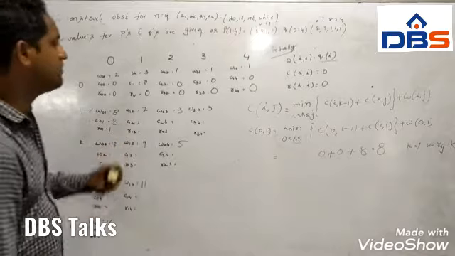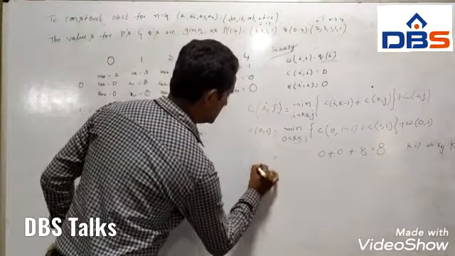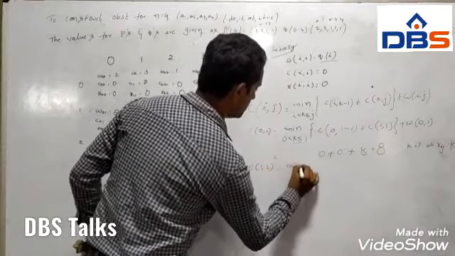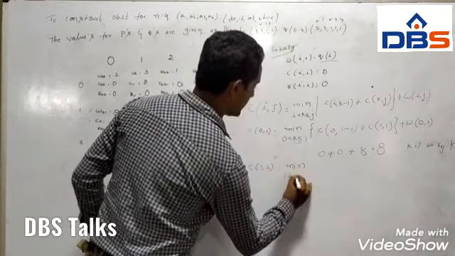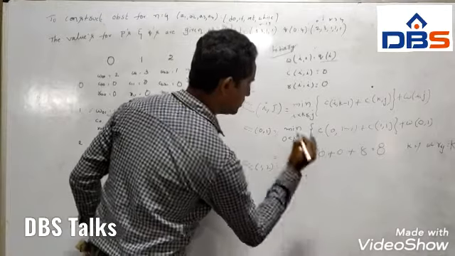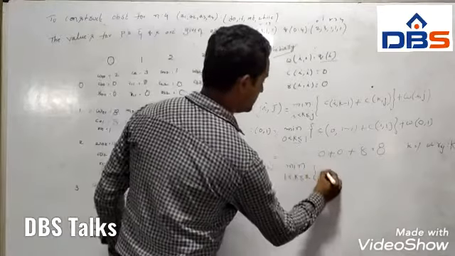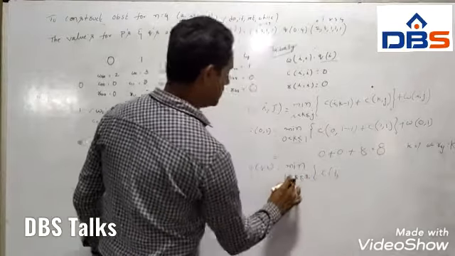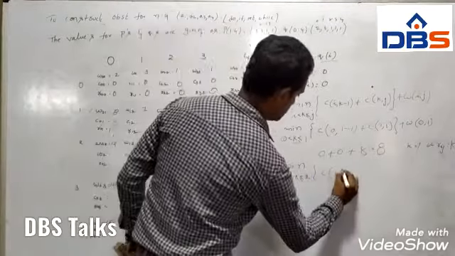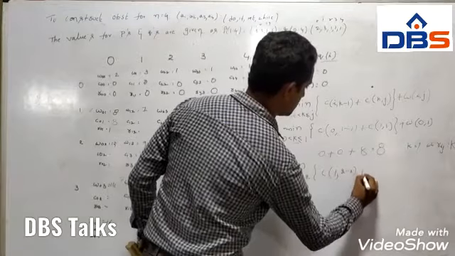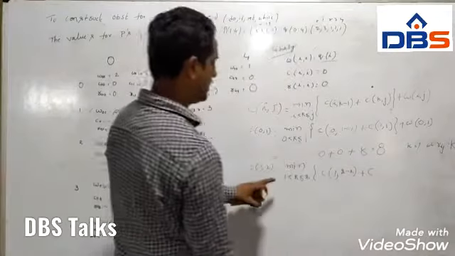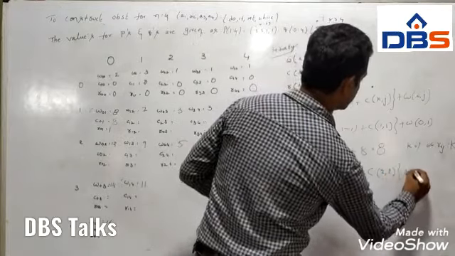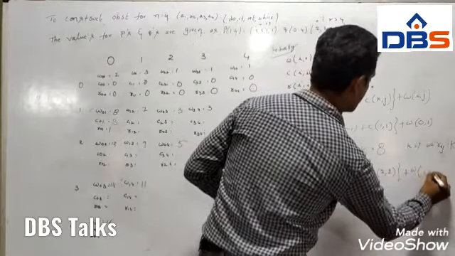Now we go for C12. C of 1 comma 2 equals min over 1 less than k less than or equal to 2 of C of 1 comma k minus 1 plus C of k comma 2 plus W of 1 comma 2.